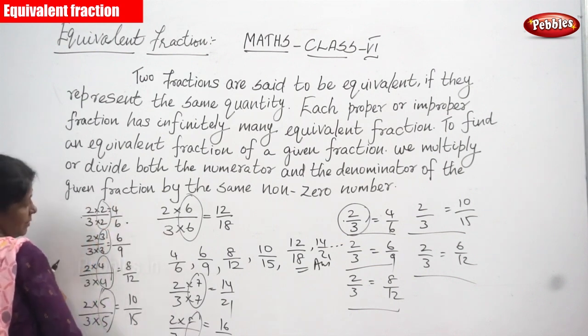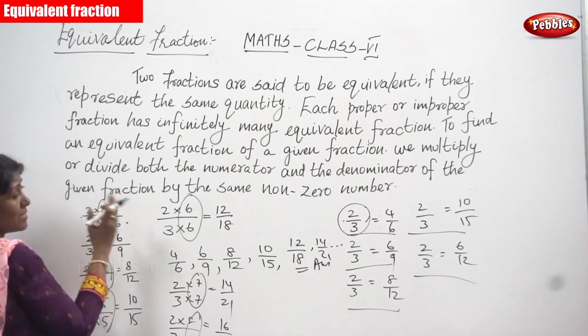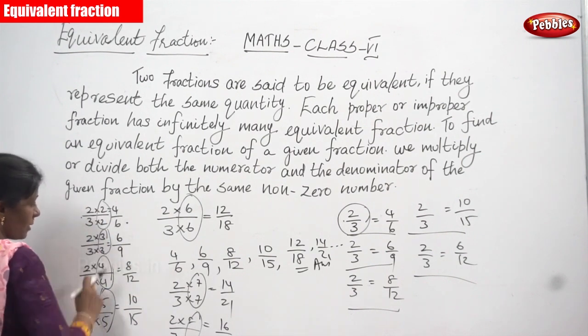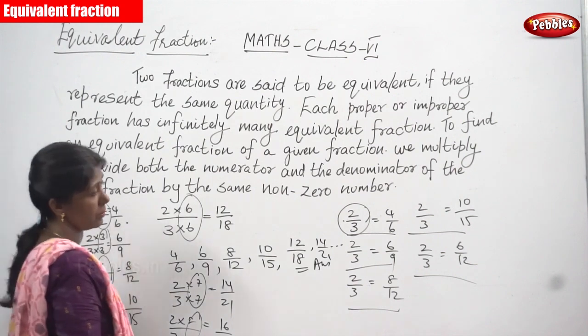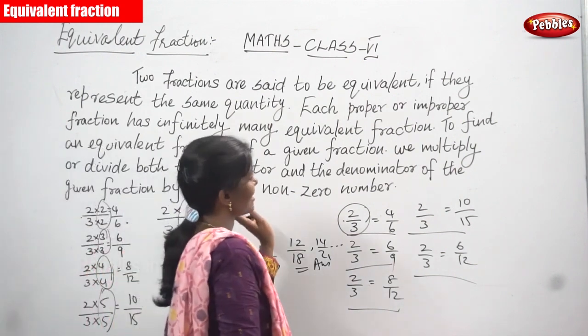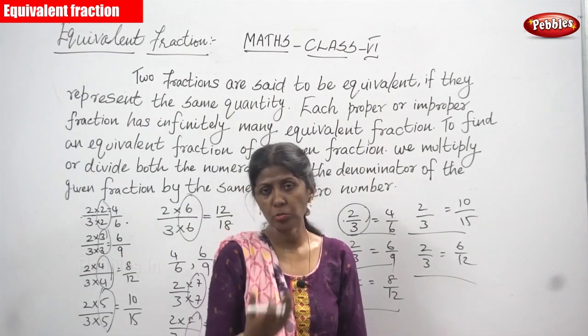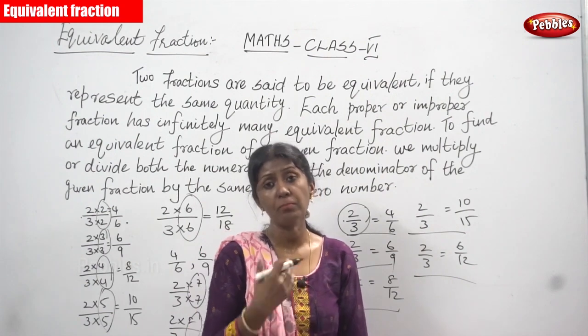So that is a division method, and I have told you the check method also. So you get the given fraction as it is, using the same non-zero number, whether 2, 3, 4, 5, or 6. So you understand the basic concept of equivalent fractions very clearly. Just go through the video once or twice, you can understand better.